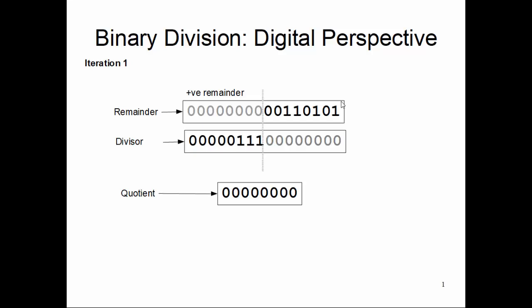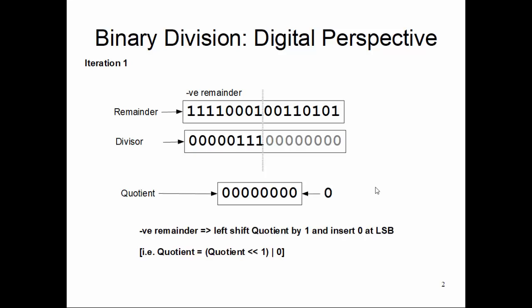So let's see that. We start with iteration number 1 and we subtract. For the first few iterations it will always be a negative remainder. We had a positive remainder to start with because it is loaded with the dividend bit pattern. Then we subtract the divisor bit pattern, which is of course much bigger in value than the remainder register, so it becomes a negative remainder.